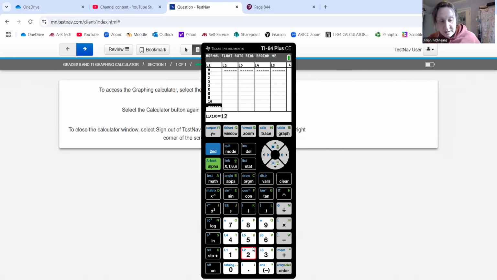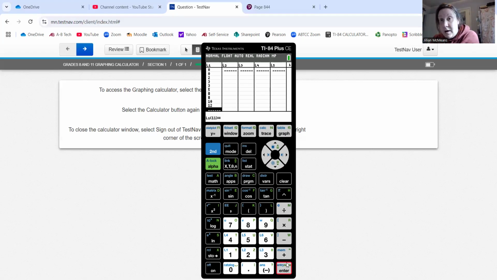Let me double check to make sure I typed it in. So 0, 0, 2, 3, 3, 5, 8, 8, 10, and hit enter, 12. Okay, so that's the hours spent each week for a student playing video games.